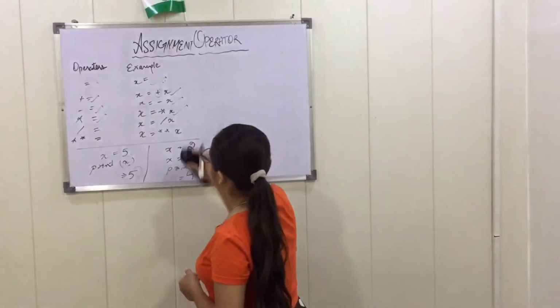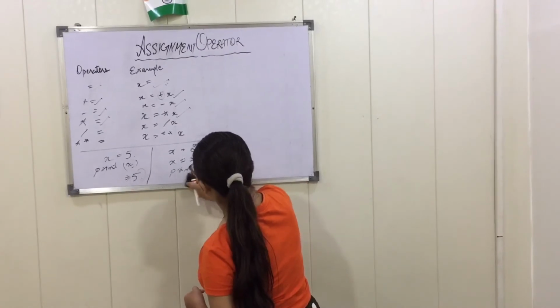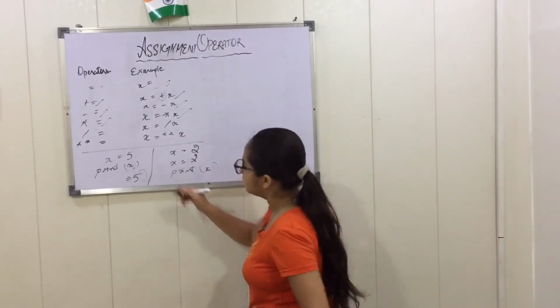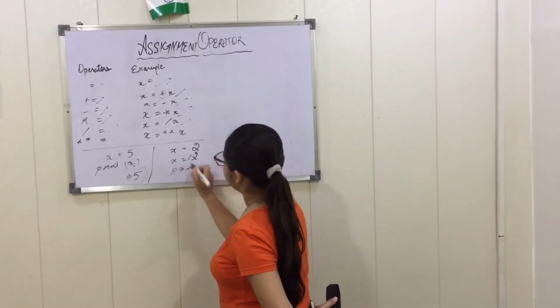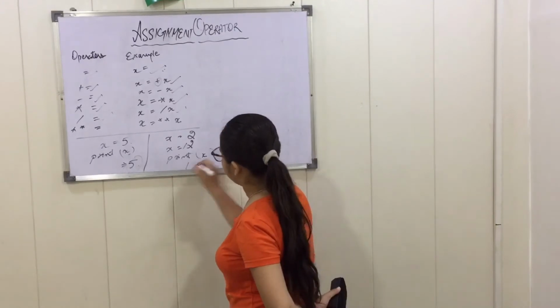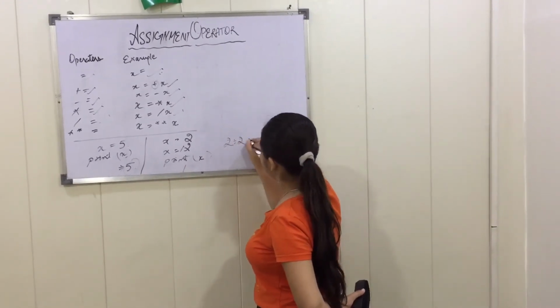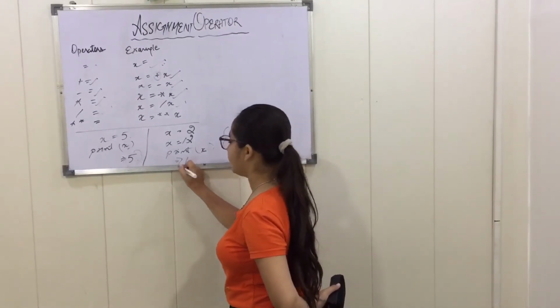Next one is division. We change the operator here and write the division sign. So 2 divided by 2 is equals to 1. The output is 1.